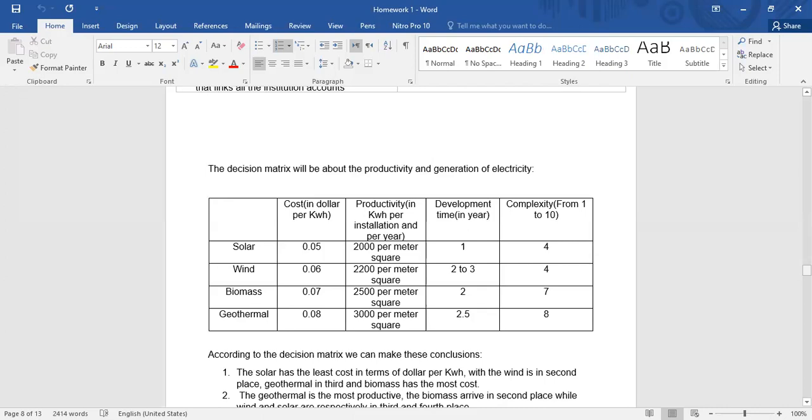The productivity goes from 2,000 kilowatt hour per meter square up to 3,000 in geothermal. The development time is 1 year in solar and goes to 3 years for wind, with 2.5 years for geothermal. Complexity is 8 for geothermal and it's the least for solar and wind, which is 4.